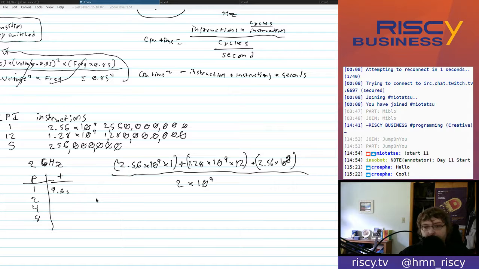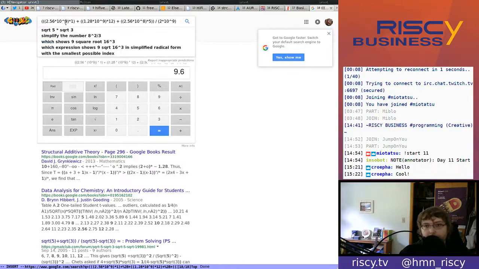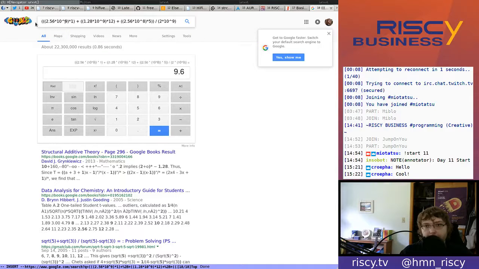So I think what you could do, and I'm not 100% confident that this is correct, but we're saying this is the number of instructions, right?